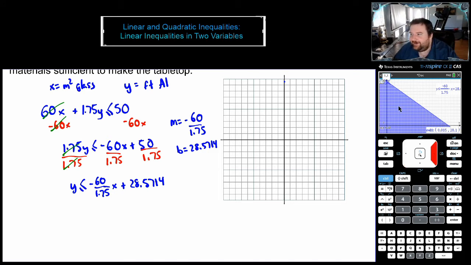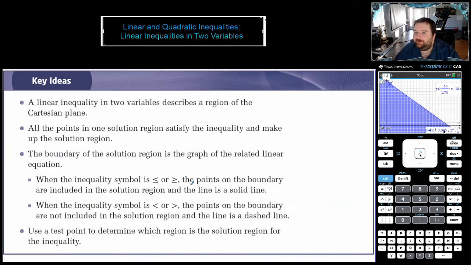And anything over here, there's so little glass. Your table's basically going to look like this, right? You're going to have a lot of aluminum with a little tiny glass tabletop. That's not ideal, right?